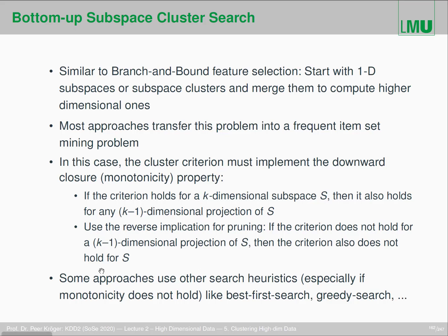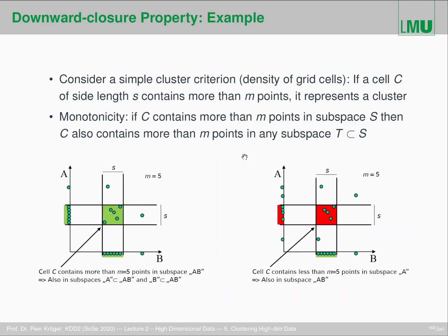There are several approaches that do not rely on monotonic cluster criteria, and in that case they use other search heuristics, for example best-first, like in the feature selection section, greedy search, random search, things like that.